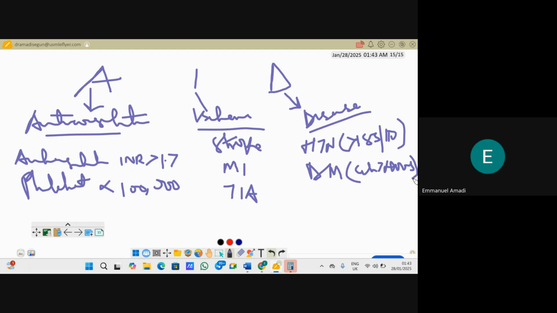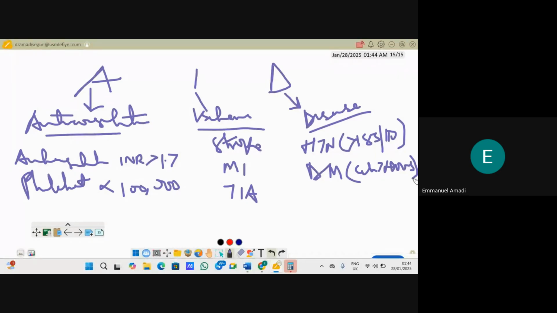You quickly did a non-contrast CT for the person. The non-contrast CT did not show any hemorrhagic stroke. So this person qualifies for TPA. You now ask yourself, does this person have any of these? And the answer is no. What is going to be the next best step? It's going to be TPA administration.